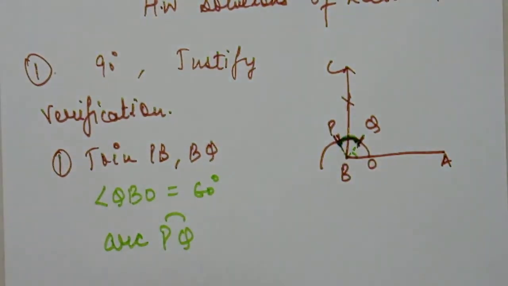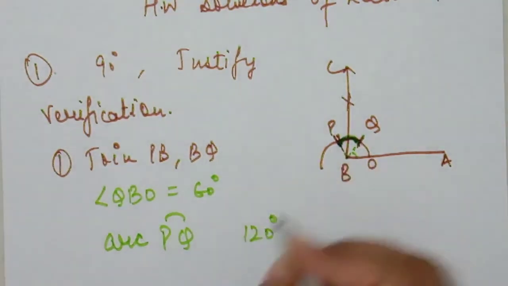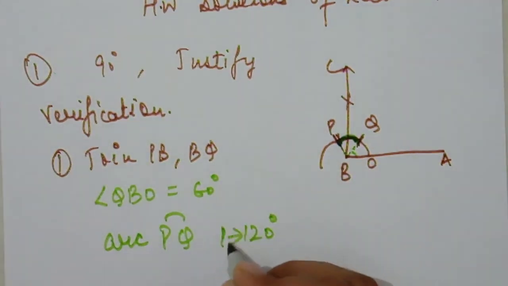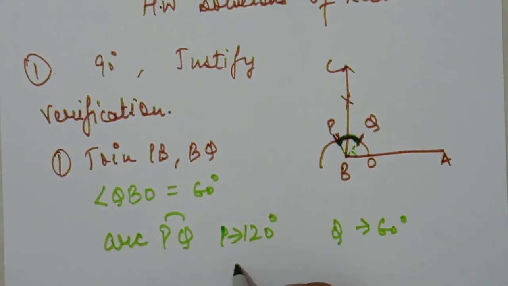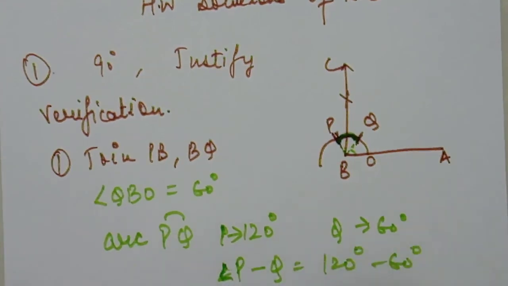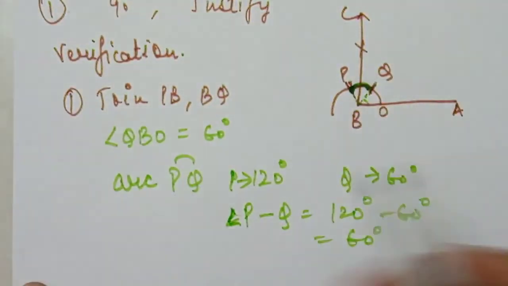Arc PQ, this part of the arc, is 120 degrees at angle P, and at angle Q there is a 60 degree angle. P minus Q is 120 minus 60 degrees, so it is a 60 degree angle.